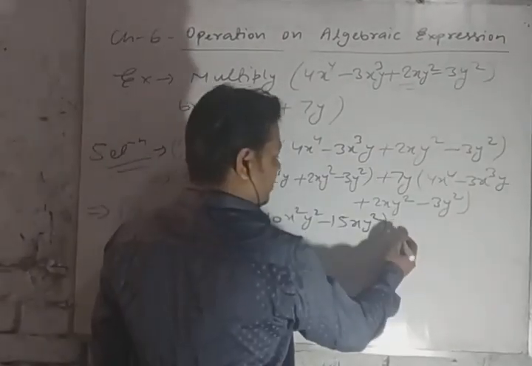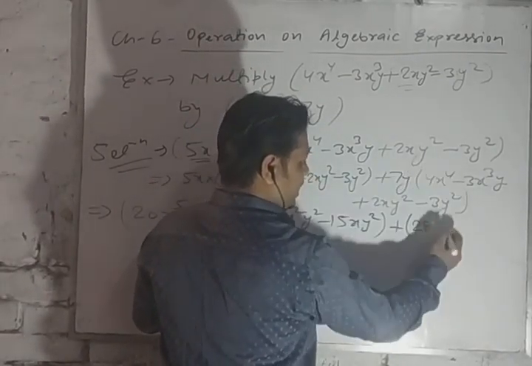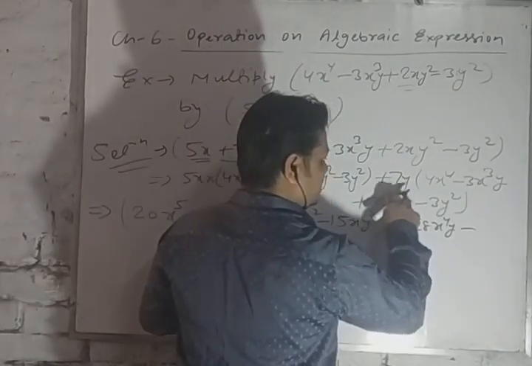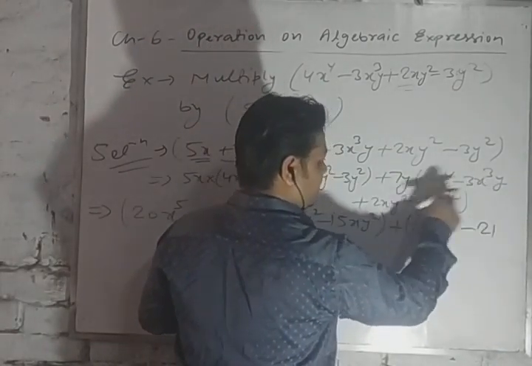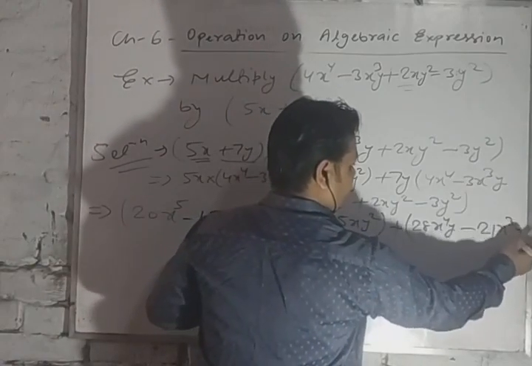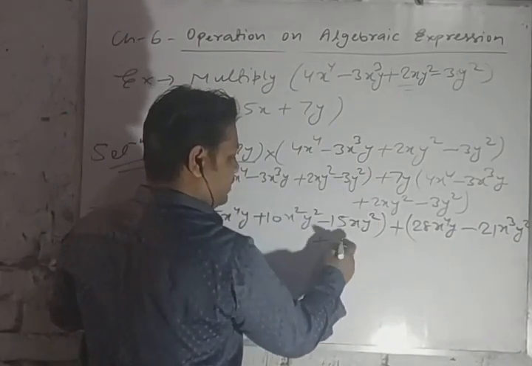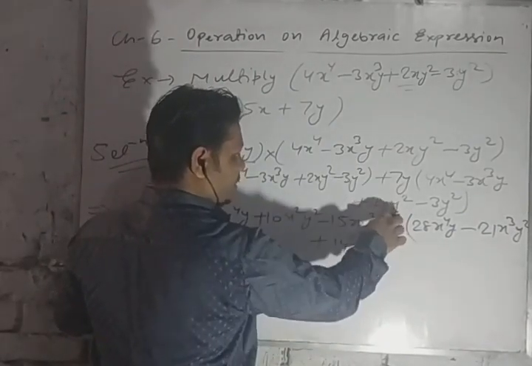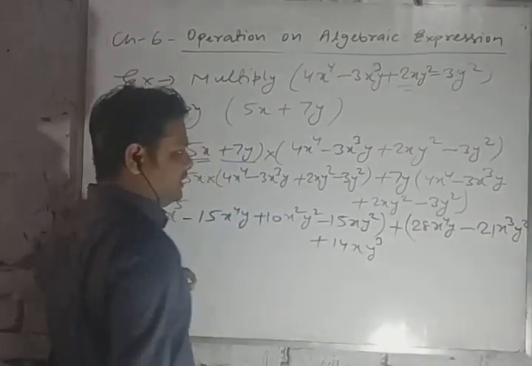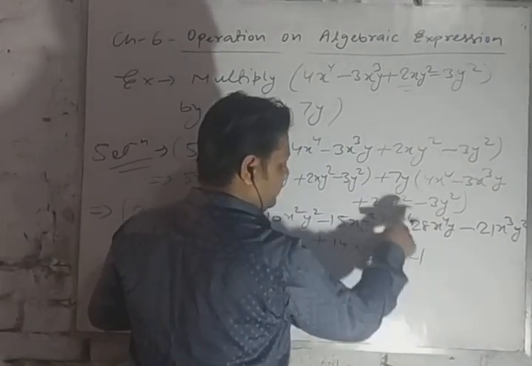Now plus 7 fours are 28 x to the power 4 y, minus 7 threes are 21 x cube y square. Now plus 7 twos are 14, no x here, only x here, y times y square is y to the power 3, minus 7 threes are 21 y cube.